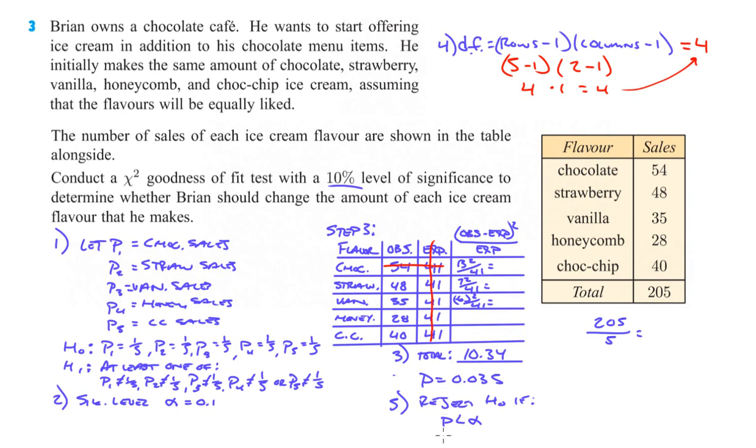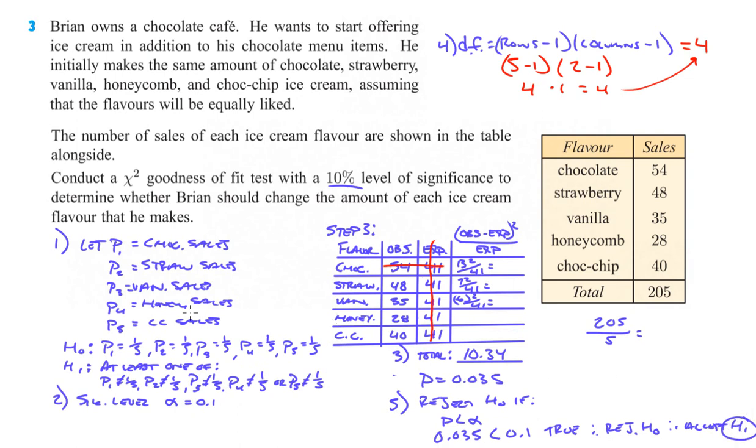So our p-value in this case is 0.035. Is that less than our significance level, which is 0.1? This is true. So therefore we reject H0 and therefore accept H1.